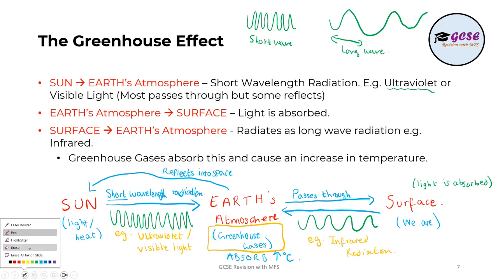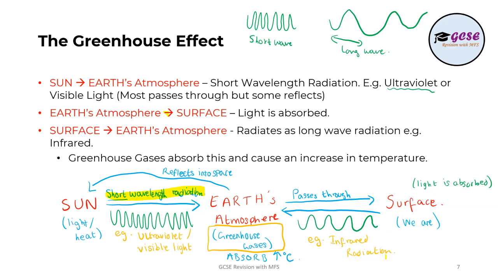So just remember that: short wavelength radiation to the Earth's atmosphere. Examples include ultraviolet and visible light. Now, some of it is reflected back into space, but the majority of it passes through to the surface of the Earth.